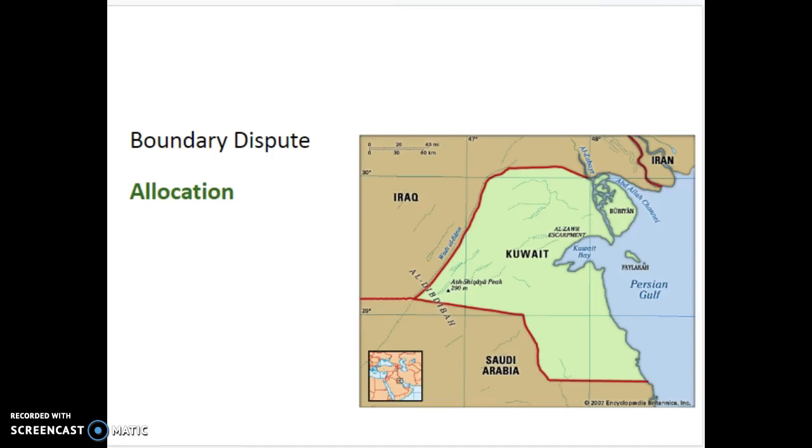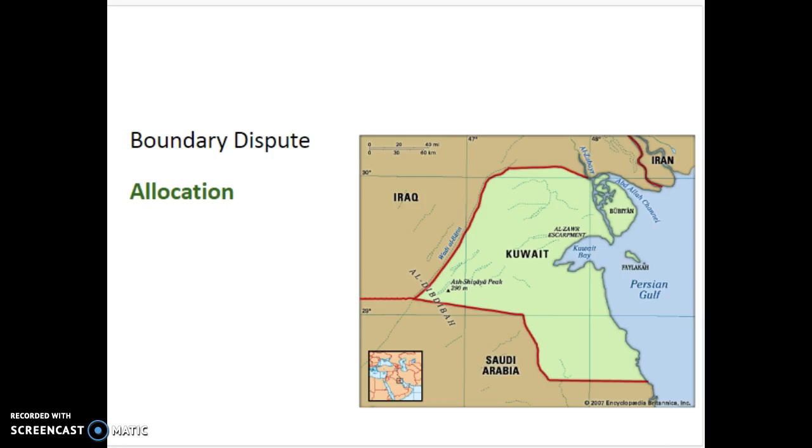Also, under the category of delimiting the boundary, we can have questions of resources. I mentioned this in regards to the Chile-Argentina example, but if we're looking at natural resources, we can also interpret it as an allocational boundary dispute.